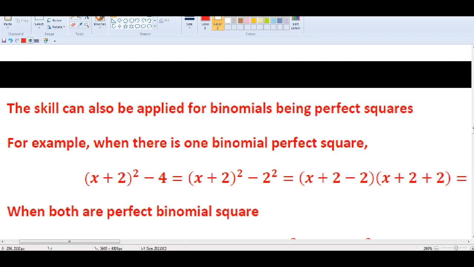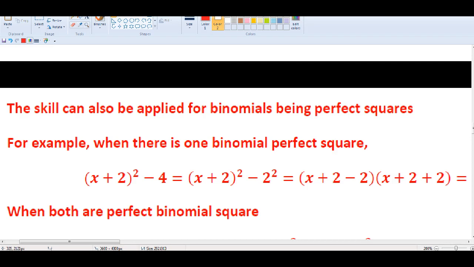But that's not the case, because if you are going to factorize them, we don't try to expand them, because expansion and factorization are two opposite operations, right?